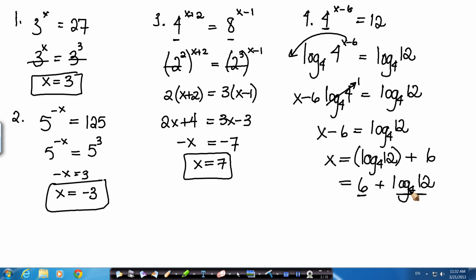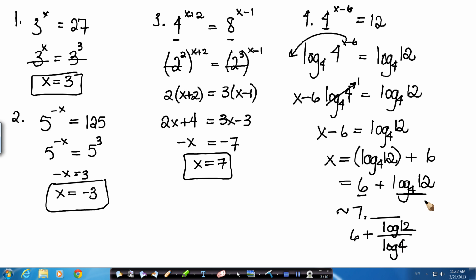This is a number, and this is a number. This number is a little bit less than 2, a little bit greater than 1. So if you were to approximate this, I would say it's probably somewhere around 6 point something, excuse me, 7 point something. You can figure that out by plugging it into your calculator. You could say this is 6 plus the log of 12 divided by the log of 4.